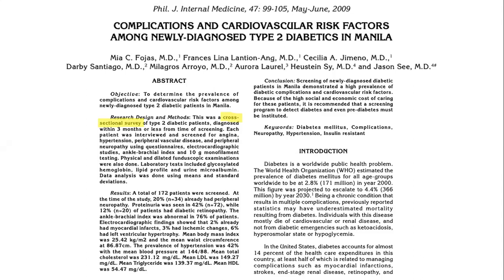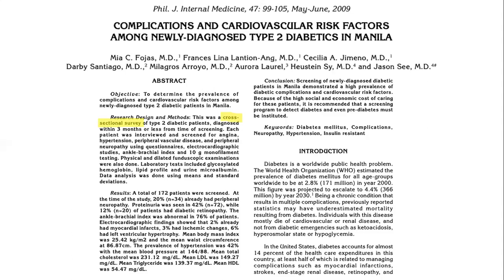They tested for the presence of diabetic neuropathy and diabetic nephropathy through several tests, and they only tested it at that one period of time. They did not follow up the patients after 1 year or after 2 years to see whether they developed complications. Because this is just a cross-sectional study, they only took the factors at that one particular point in time.